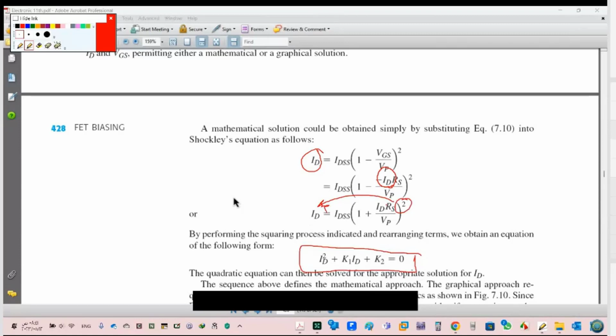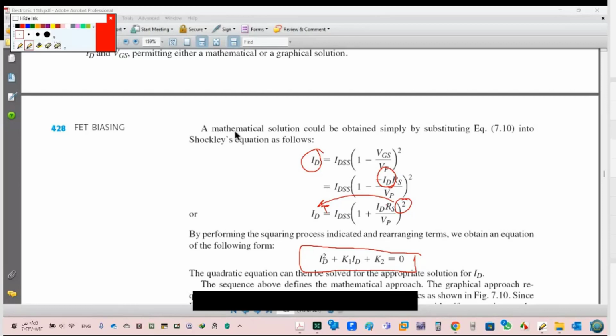A little bit hard. Got it? For that, I said we have to use a graphical approach. It is easier than the mathematical approach. Got the idea why I said to use the graphical approach? Because of this reason.